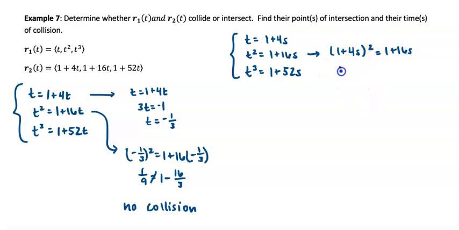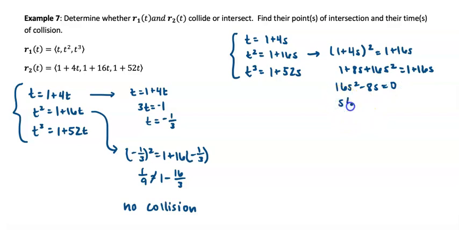Squaring this binomial, we get 1 plus 8s plus 16s squared is equal to 1 plus 16s. We subtract everything on the right-hand side to the left side of the equation, and we get 16s squared, 8s minus 16s is -8s, and 1 minus 1 is 0.